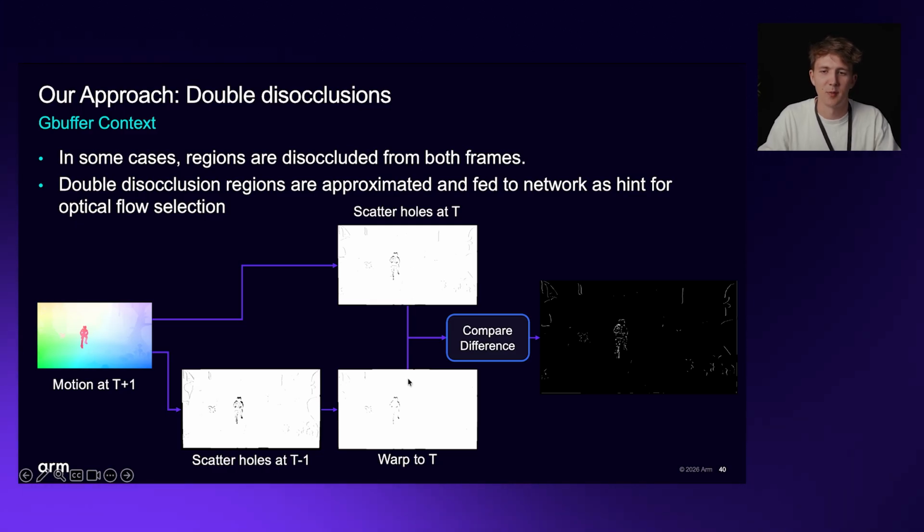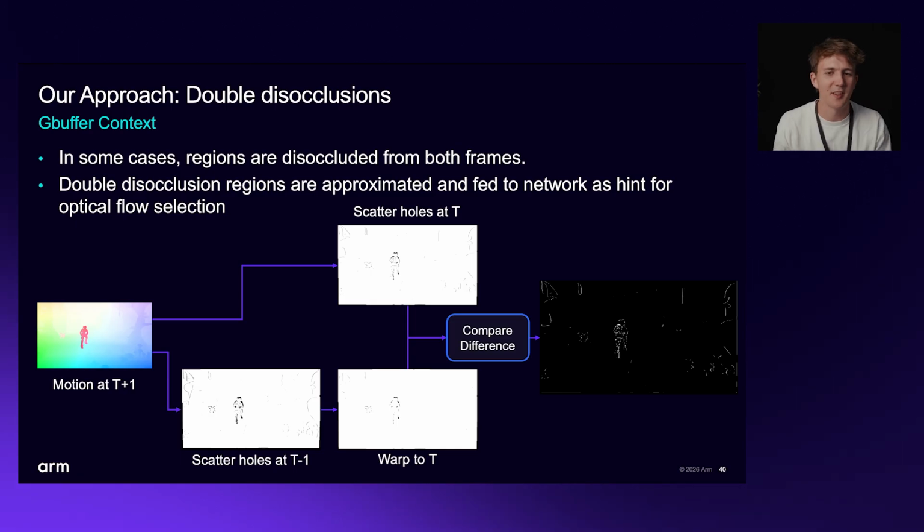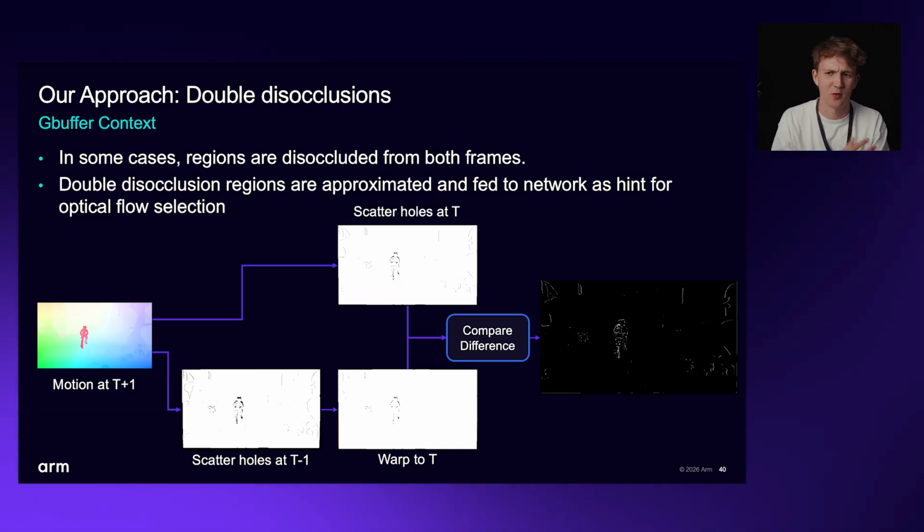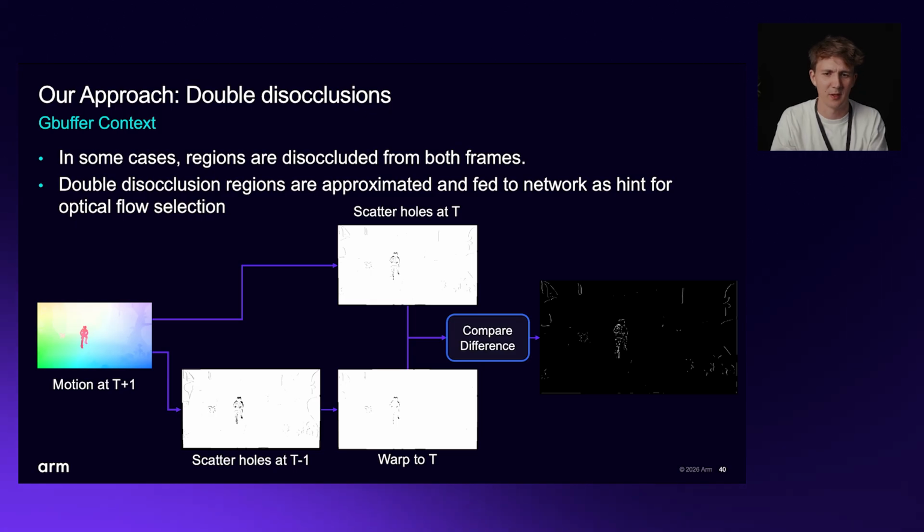This gives us an approximation of where both motion vector candidates may be unreliable. In these regions, the mask tells the network not to rely too heavily on either motion vector candidate. The network can then favour optical flow candidates where they produce better information, and we found this is more robust than simply forcing an optical flow result, as the optical flow can also sometimes be a bit noisy. So, as with the other context input, this mask is a hint rather than a hard decision, and we leave the network to determine the final blend.